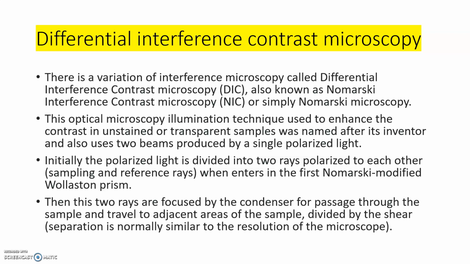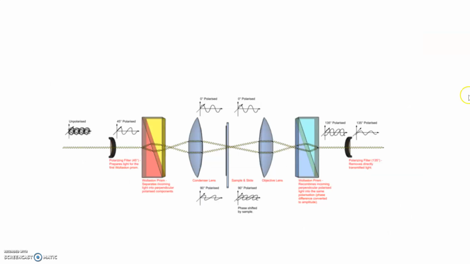Then these two rays are focused by the condenser for the passage through the sample and travel through adjacent areas of the sample, divided by the shear. That is, the separation is normally similar to the resolution of the microscope. So this is the picture again I am showing. Wollaston prism: two types of prisms are there.